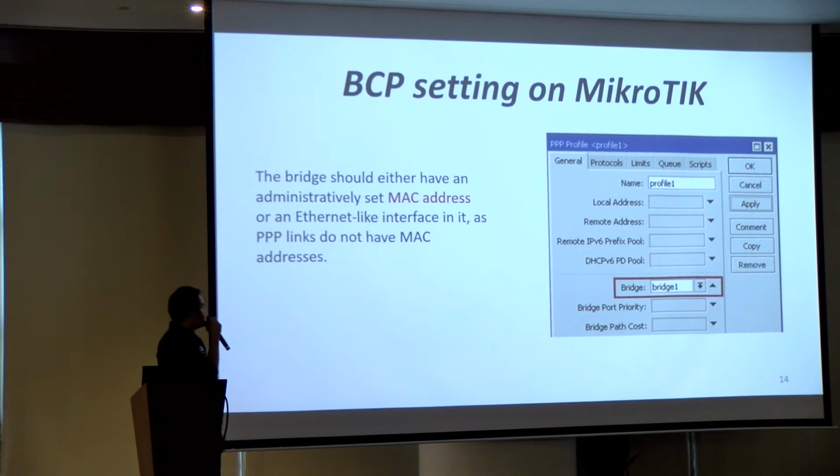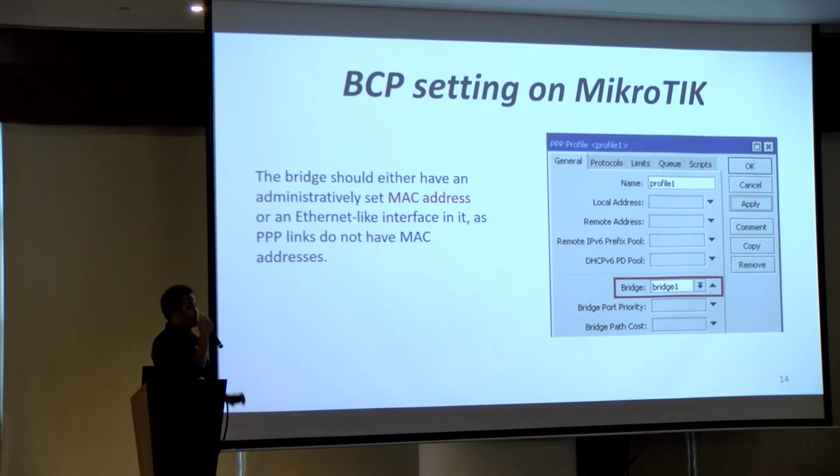One point about this is the MAC address. The PPP interface doesn't have a MAC address. It is Layer 2, so we need a MAC address. That's why we need the bridge to have a MAC address.